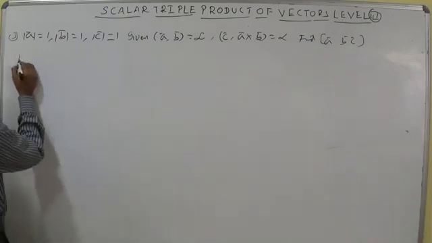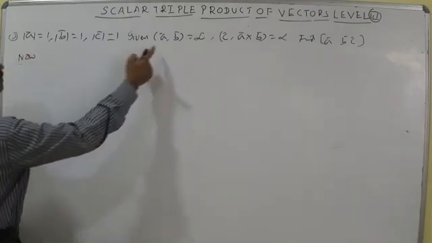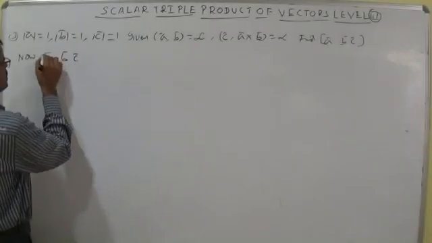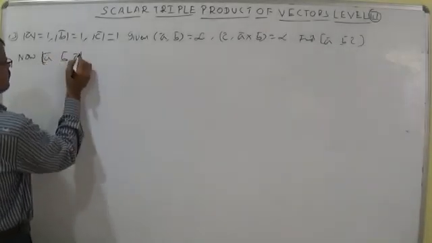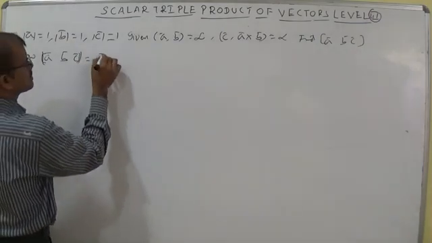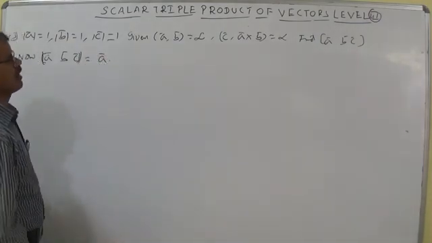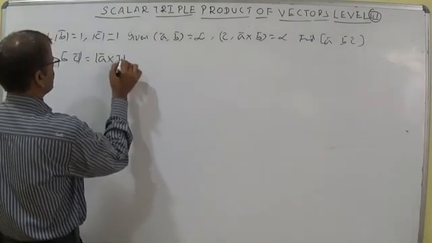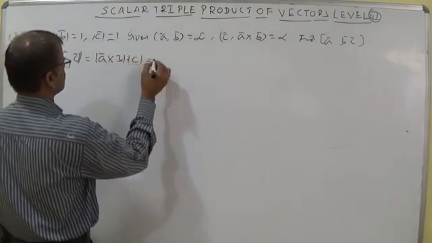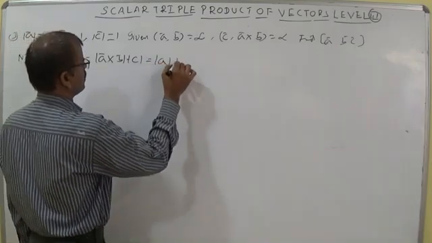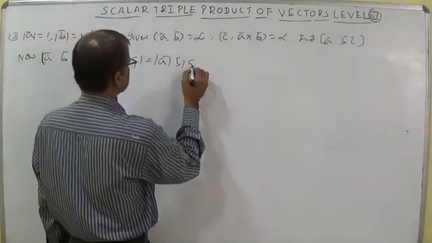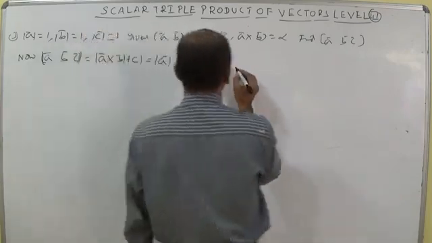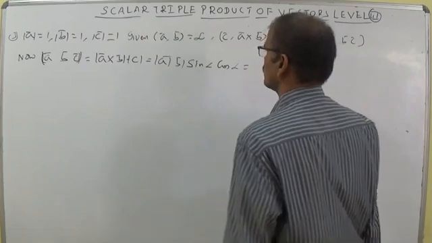So A comma B alpha given, C comma A cross B this one given. So now according to given data we can write here box ABC, take modulus. Modulus of box ABC can be written as A bar cross B bar dot C bar. Anyhow you can take A bar cross B bar mod C is equal to mod A into mod B into sin alpha into cos of A bar cross B bar comma C, this one cos alpha you can write.